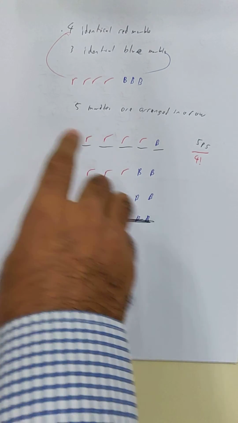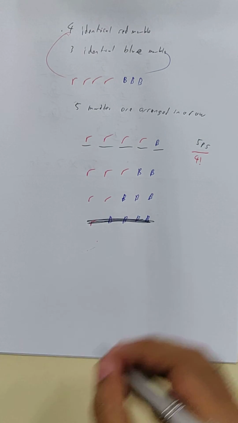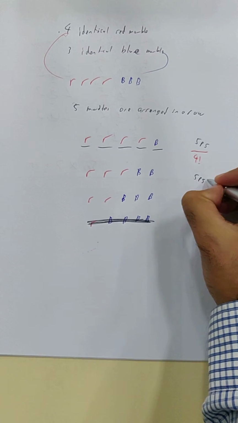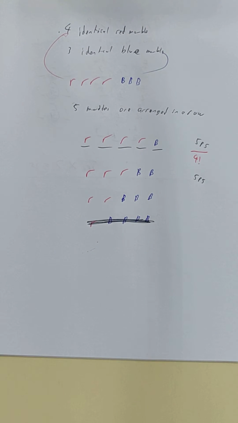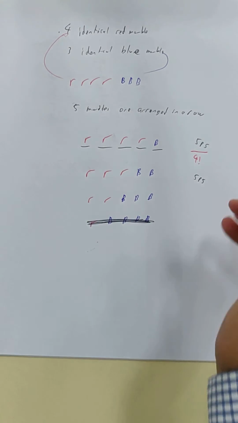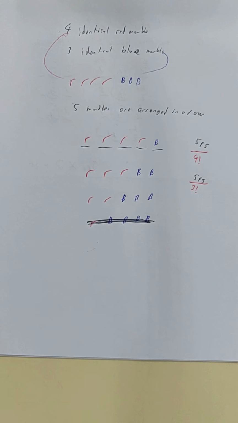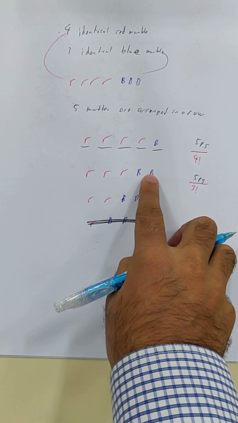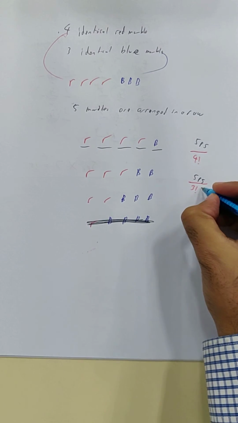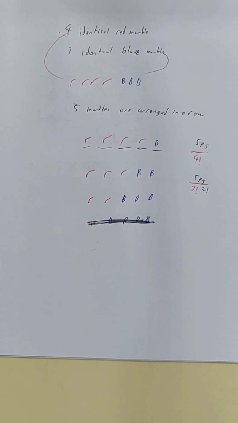What about this one here? It's still 5P5. And then, do I have any identicals? I have 3 red, so divided by 3 factorial. That's all? What should I do? I have 2 blue identical as well, sir. So I divide by 2 factorial.